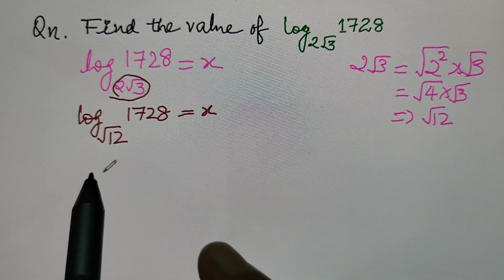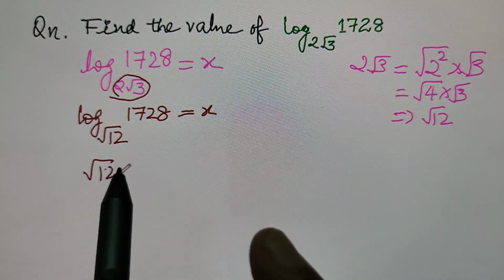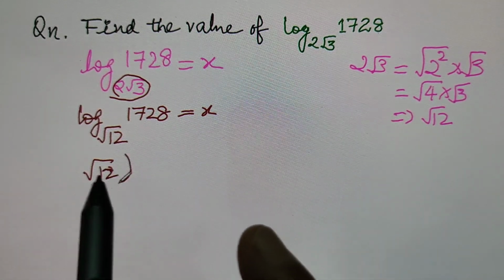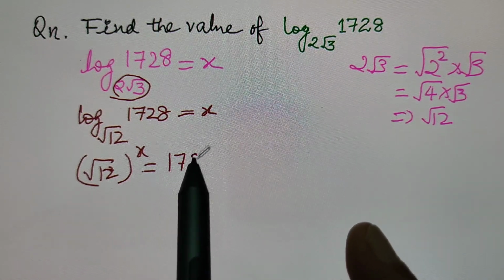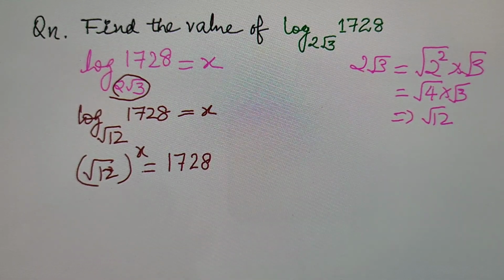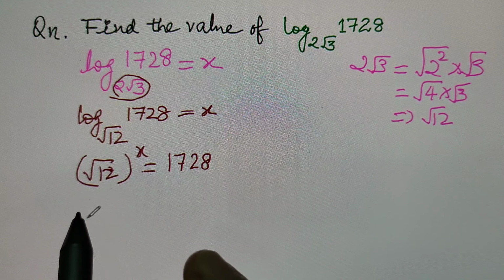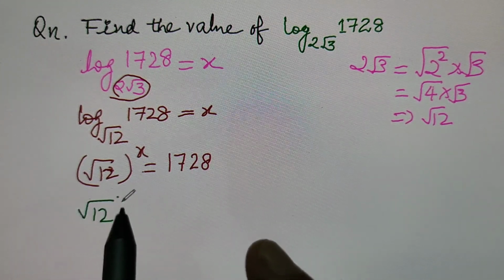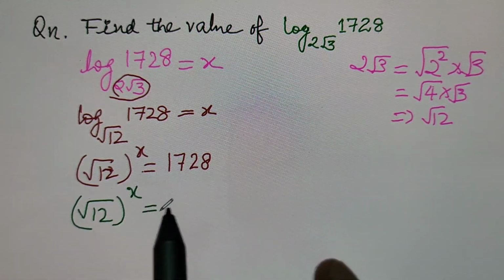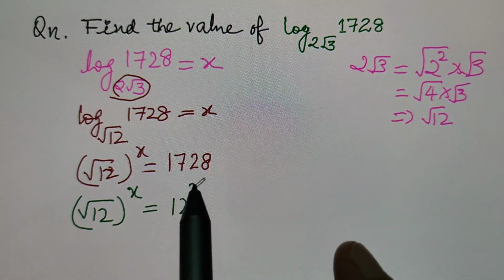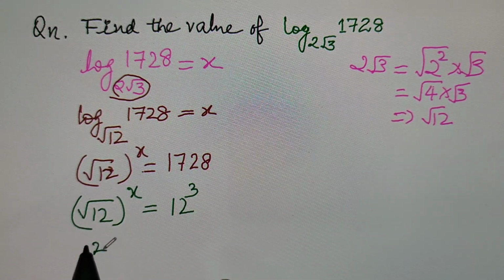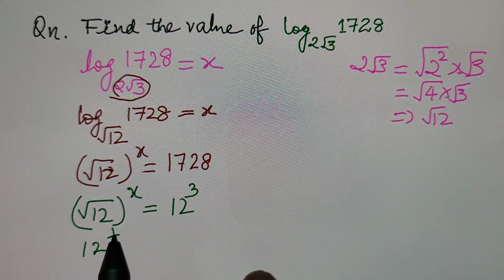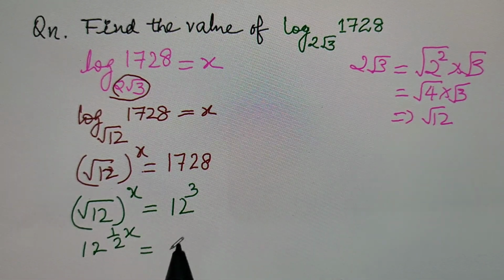Now this can be rewritten as root 12 to the power x, which is equal to 1728. 1728 is nothing but 12 cube. Now this can be again written as 12 to the power 1 upon 2 x.